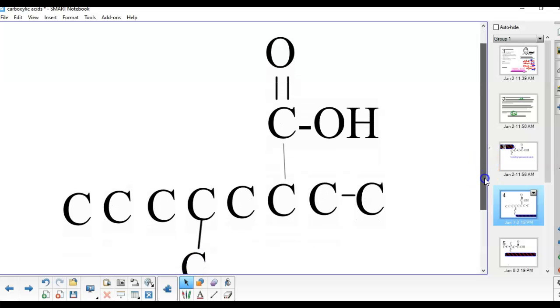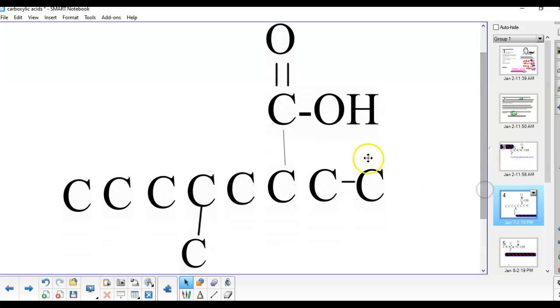Here we have another example. Again, count this as 1, 2, 3, 4. Nope, I can go 1, 2, 3, 4, 5. Nope, 1, 2, 3, 4, 5, 6, 7. 7 is heptanoic acid. We have an ethyl group on carbon 2 and a methyl group on carbon 5.